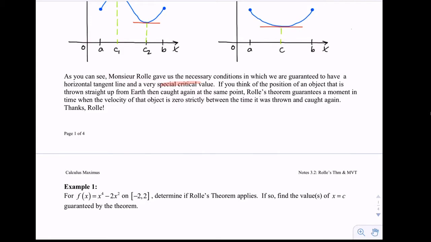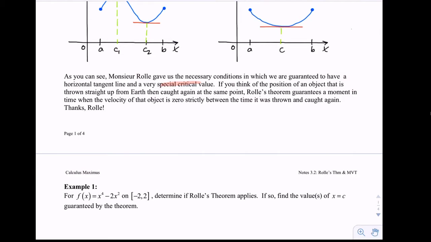So if you think of the position of an object that is thrown straight up from the earth and then caught again at the same point, okay, we throw an object up and we let go of it right here about 5 feet in the air. We're awesome, so it goes straight up. There's no wind. It comes straight back down and lands on our hand. The starting position and the ending position were exactly the same.